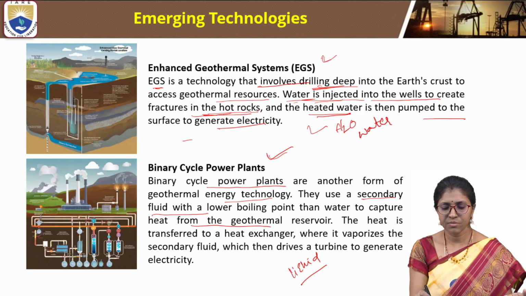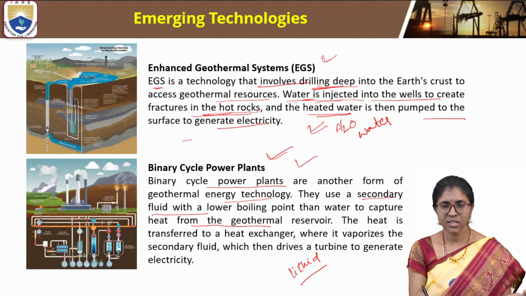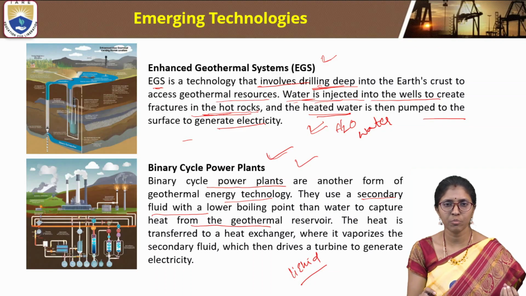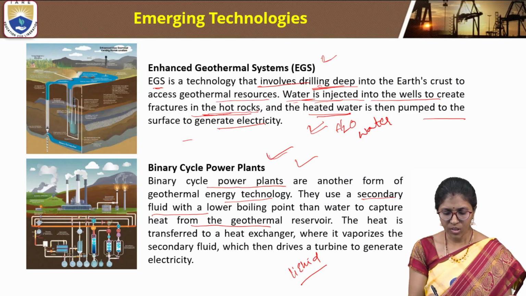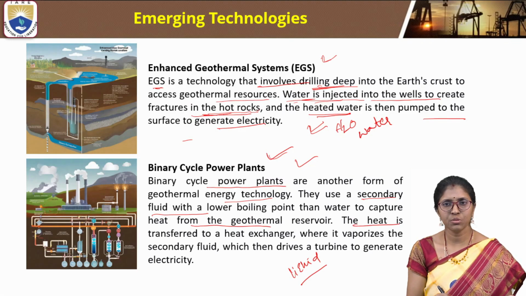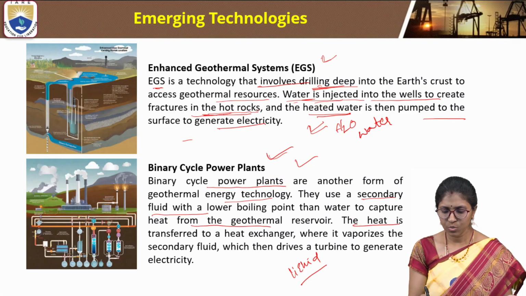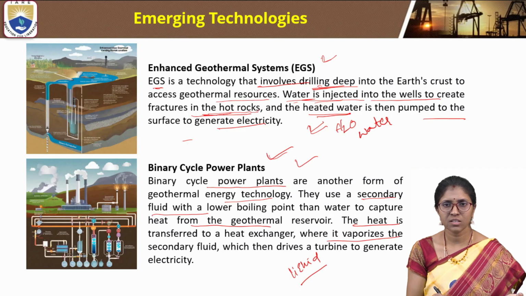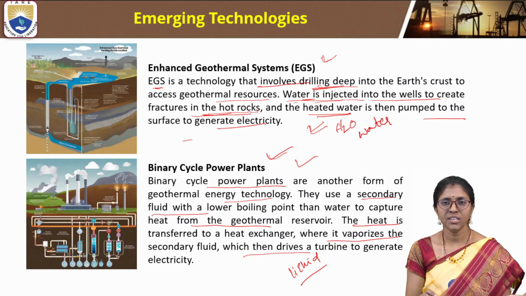So in the enhanced geothermal system we use water, whereas in binary cycle power plants we use a fluid having a lower boiling point than water to capture the heat from the geothermal reservoir. The heat is transferred to the heat exchanger, where the secondary fluid vaporizes, and it then drives the turbine to generate electricity.